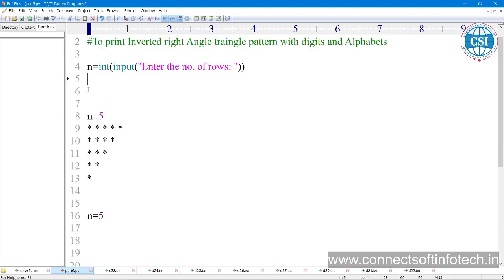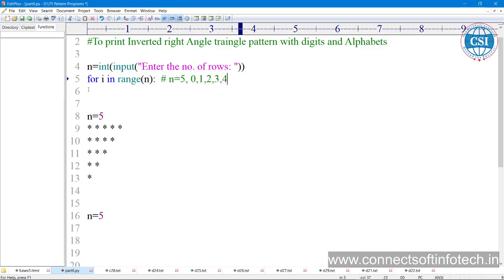Take a look: for i in range of n. What are the possible values for i? They start from 0, 1, 2. If n is equal to 5, the possible values for i run up to n minus 1, so 0, 1, 2, 3 and 4.